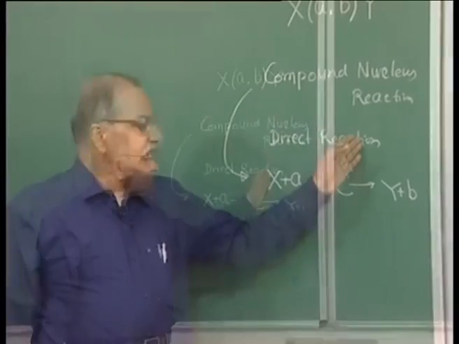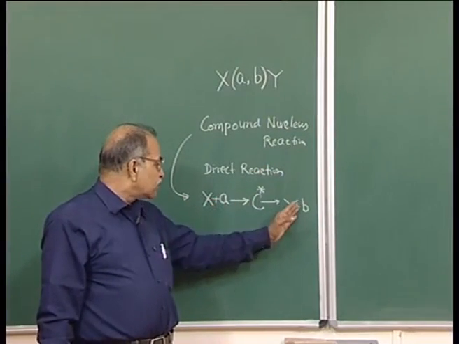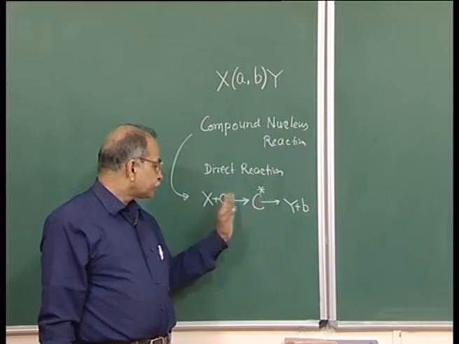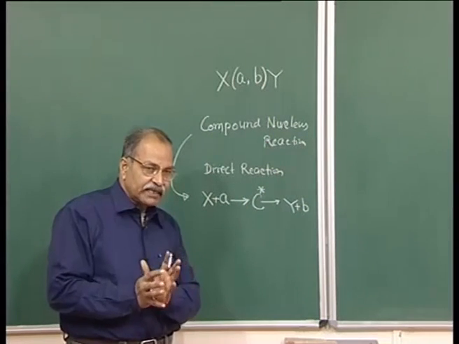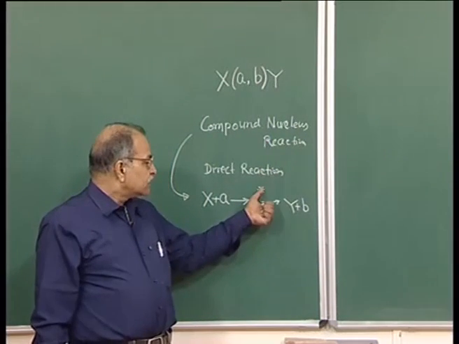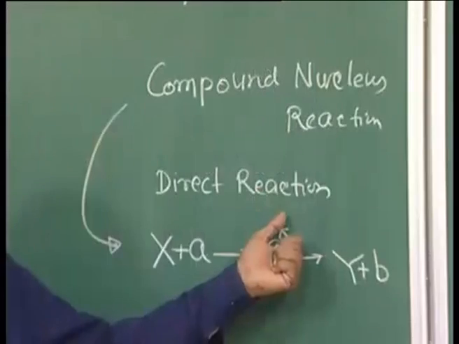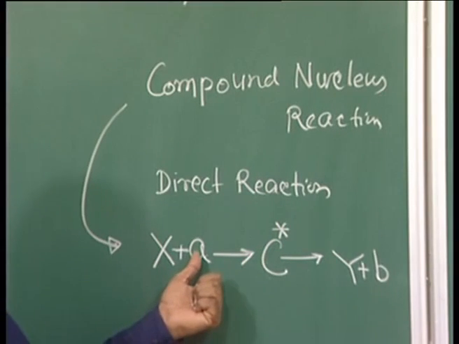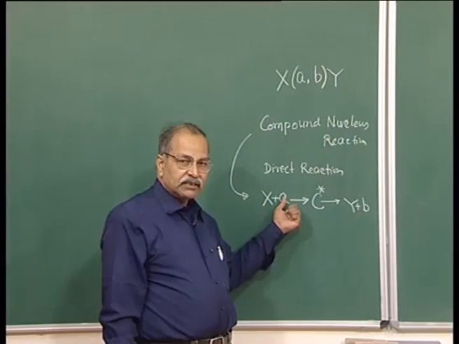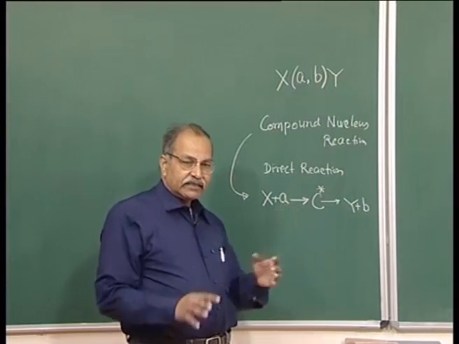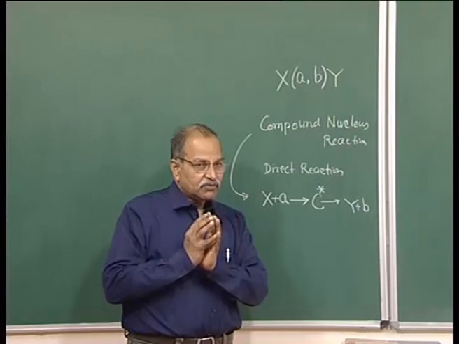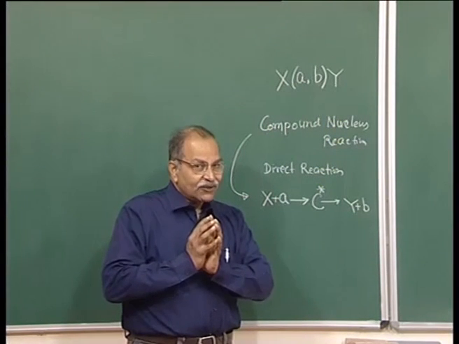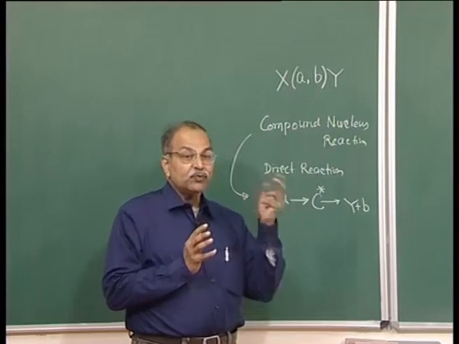There are a variety of direct reactions also, but coming back to this compound nucleus reaction, one of the basic assumptions in understanding this kind of mechanism is that once this C star is formed, once this projectile nucleus A is absorbed into the target nucleus, and the energy is equilibrated among all the nucleons, so that the compound nucleus is formed, then it has lost all the memory of how it was formed.